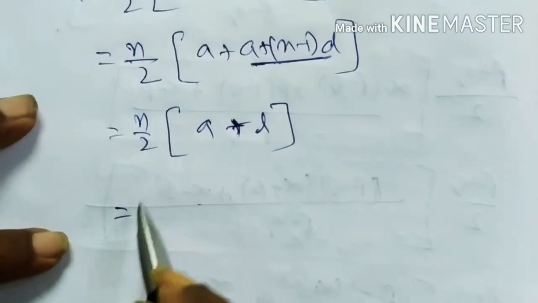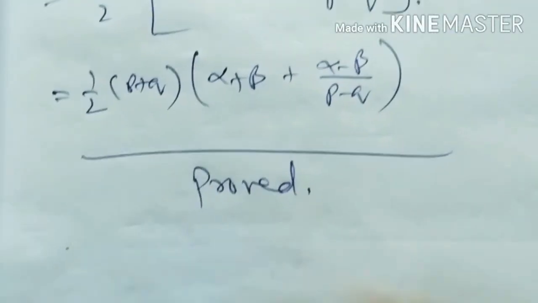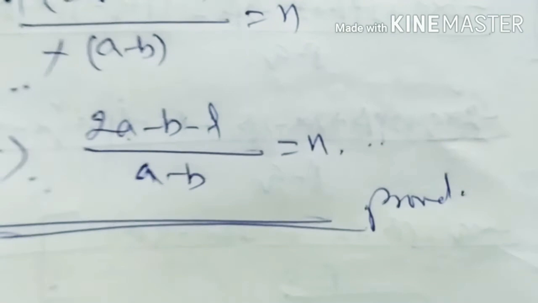So the nth term is L. And now your value of n, which you have already calculated, that is the value of n: (2A minus B minus L) by (A minus B). I just have to put the value of n here.